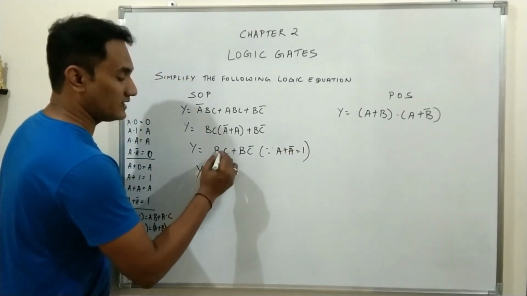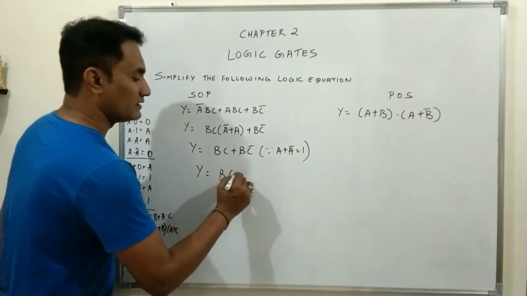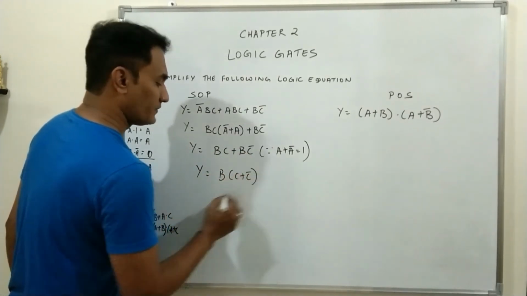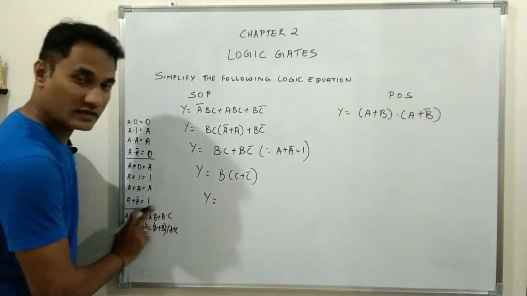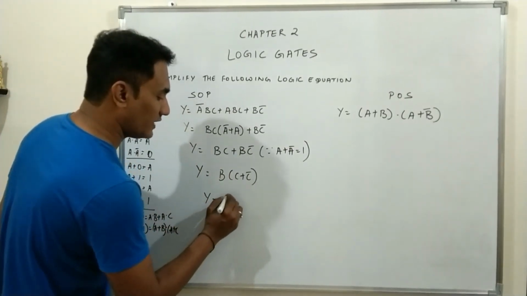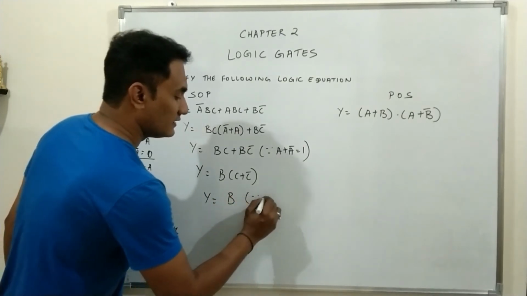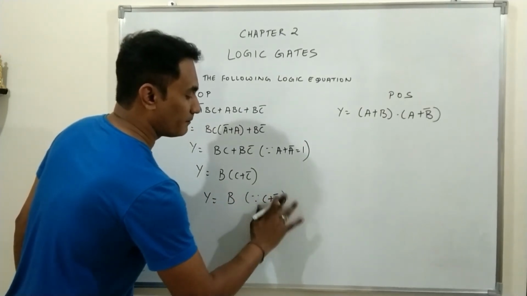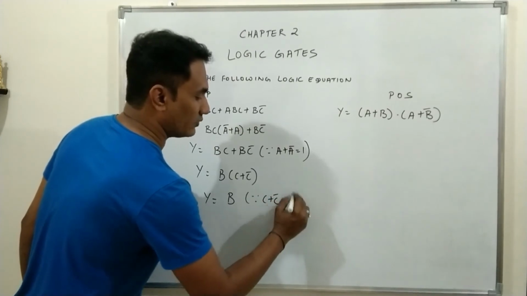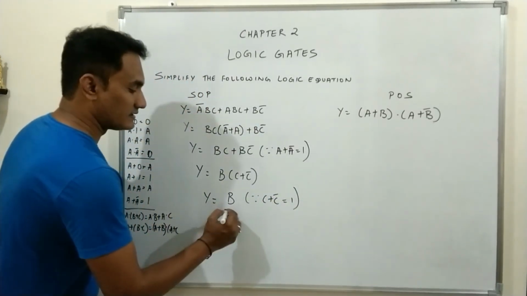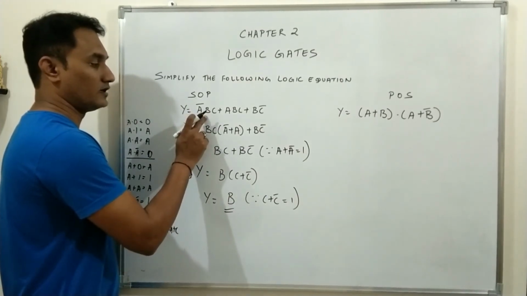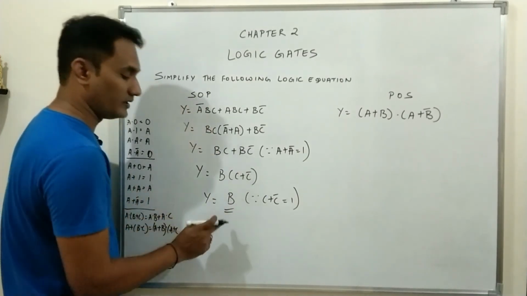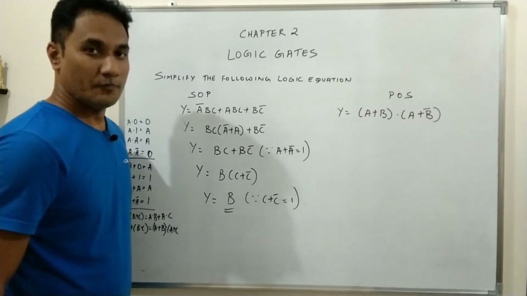In the next step, B is common, (C plus C bar), and Y is equal to, what is C plus C bar? Again OR law, A plus A bar equals 1, so C plus C bar will be 1, B, since C plus C bar equals 1. So the answer for this simplified SOP equation will be Y is equal to B.